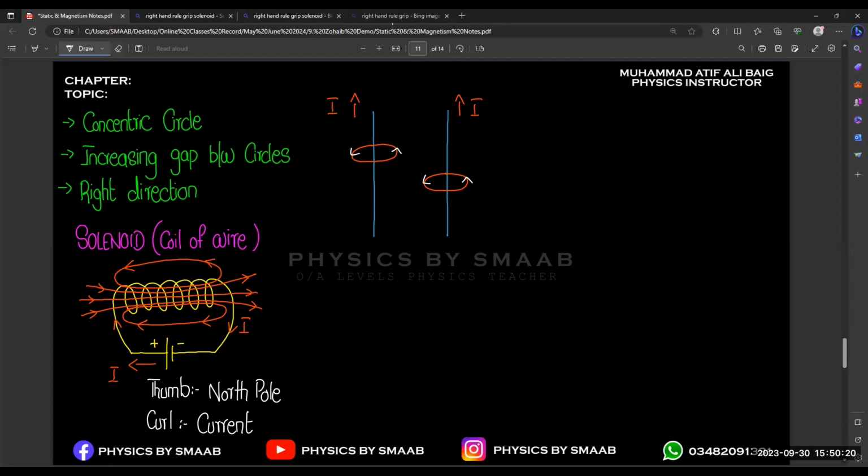Yes, sir. So the main concern is that in your exam they used to give you 2 points on the paper that show current into the paper or out of the paper. Now try to identify the direction of magnetic field. What will be the direction of magnetic field? And what do you think, will these conductors attract towards each other or repel each other when current is moving in upward direction?